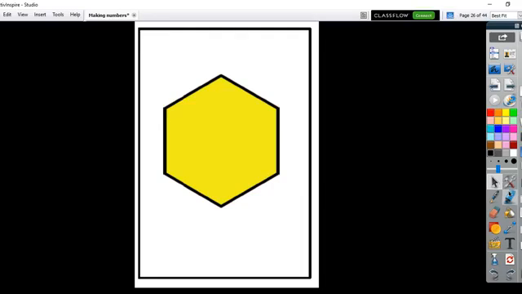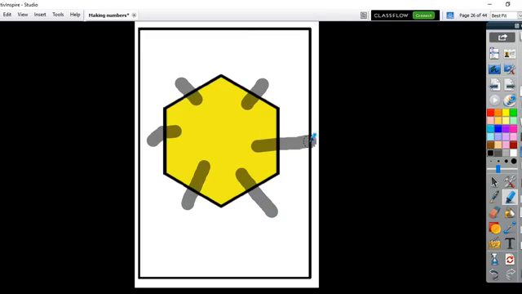And I'm going to mark the sides. So when we're counting, we say 1, 2, 3, 4, 5, 6. So we have our 6 sides. And then for our corners, we have 1, 2, 3, 4, 5, 6. So there are our corners, our vertices, and our sides for that one.